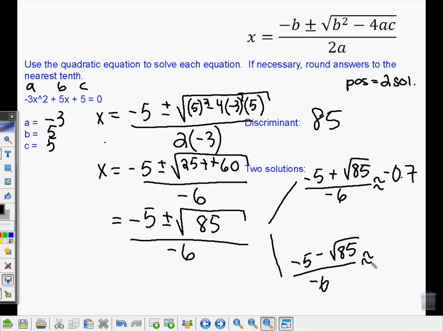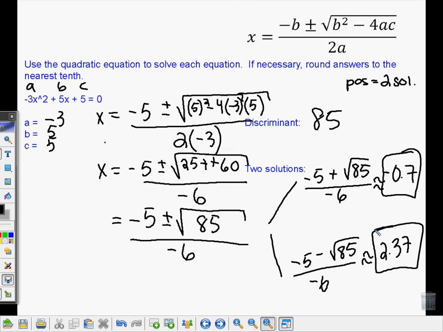So negative 5 minus the square root of 85, and then divide it by negative 6. We get 2.37. I rounded that 6 up because of the 9 after it. So our 2 answers are negative 0.7, positive 2.37.